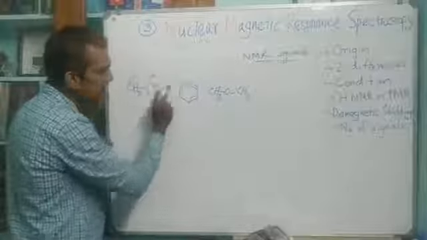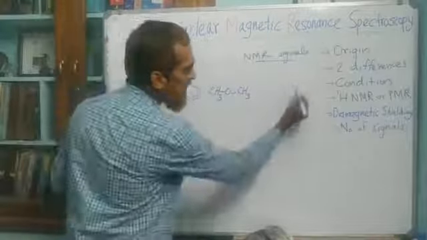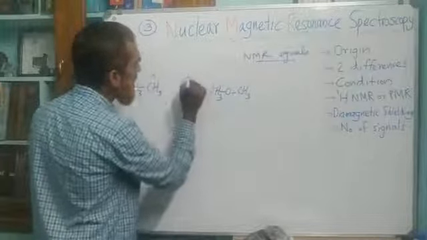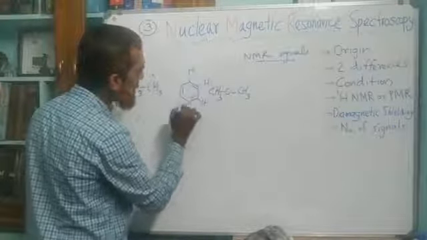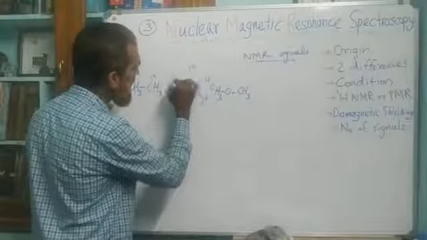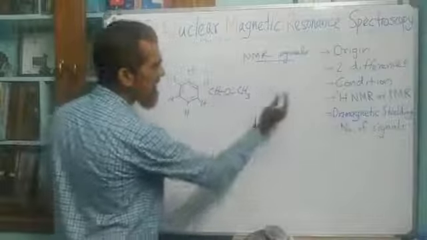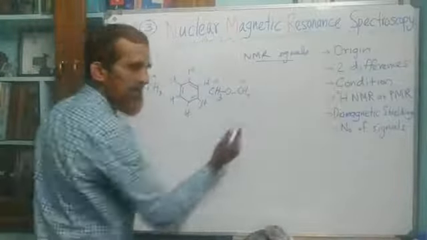We call them chemically equivalent. That means these will give only one signal. What about benzene? Benzene has all carbons having one hydrogen, right? All hydrogens are in the same chemical environment, no difference. So that will also give one signal. What about this one? If this is A, this is also A, one signal.